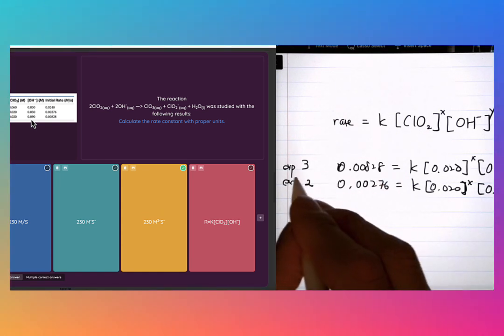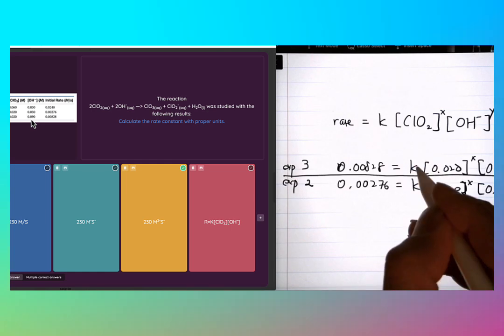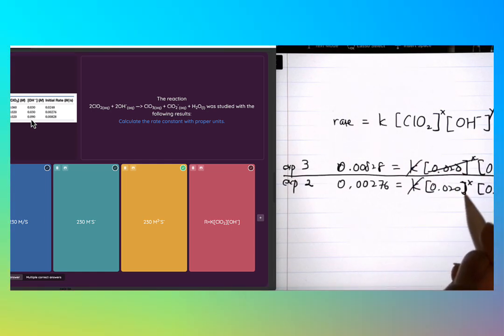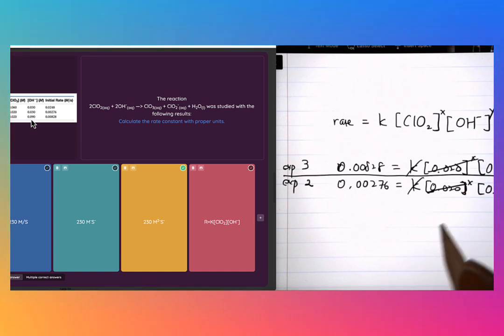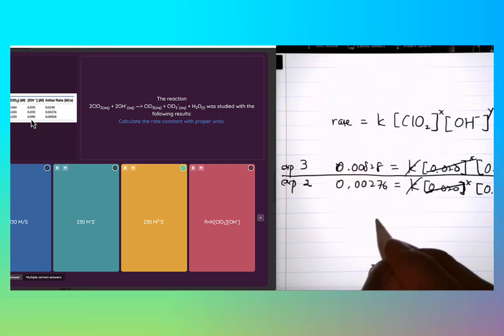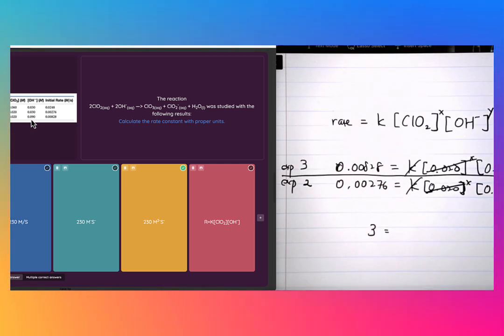So if you just do the ratio of experiment 3 and 2, we can see that the K's cancel, and the 0.020, the concentration of ClO2, cancel. And we know that the rate ratio becomes 3, because 0.00276 times 3 gives you around 0.00828.